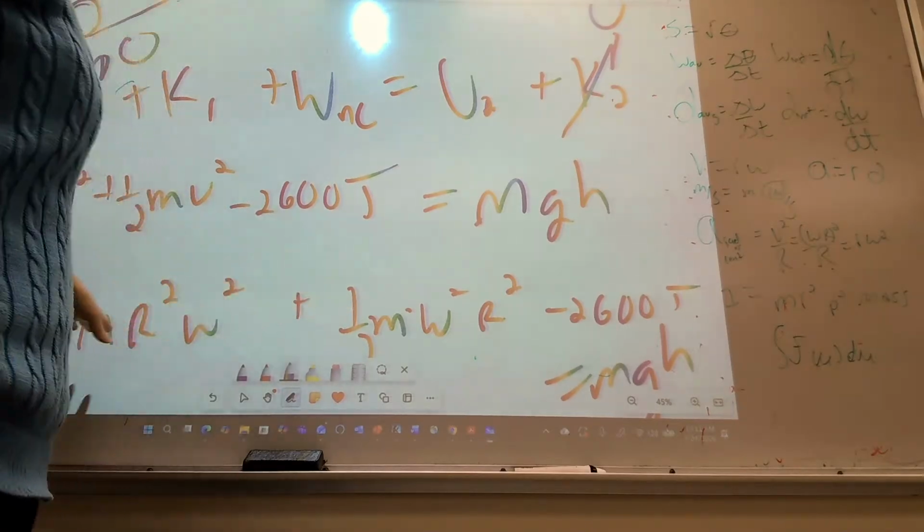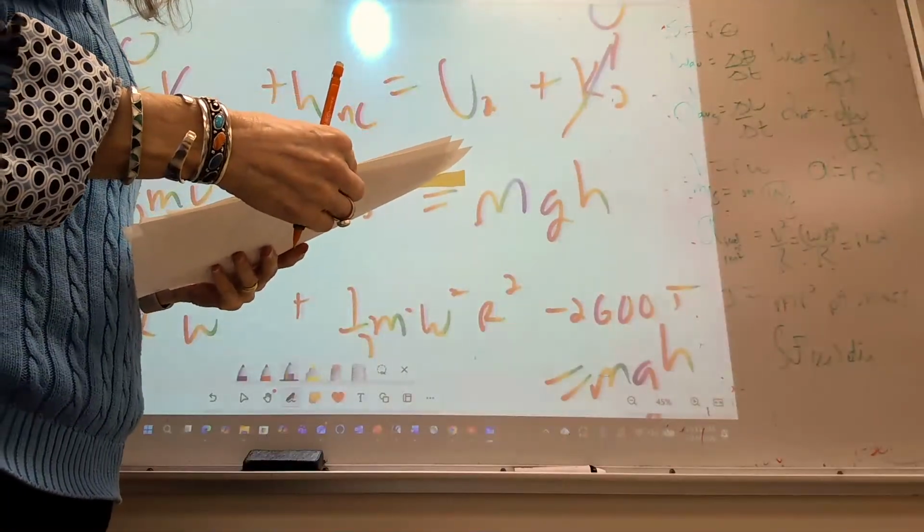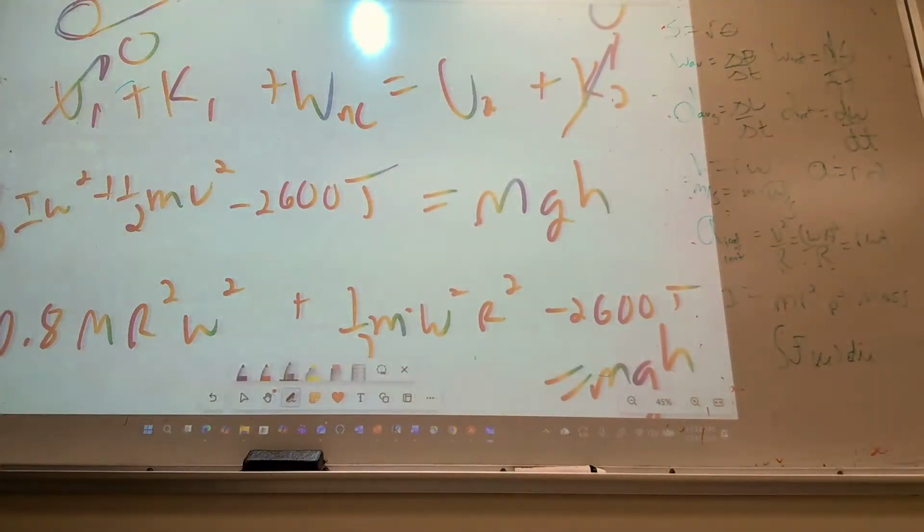You could have put this in terms of v or in terms of omega. Because they gave us the omega, 25 radians per second, I left it in terms of omega, but you didn't have to do that, right?